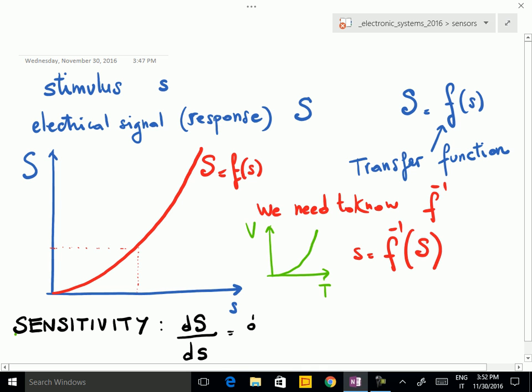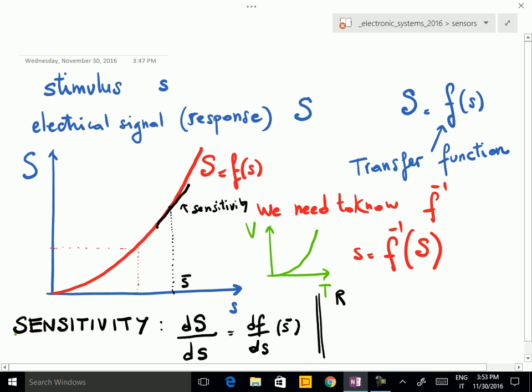So it is basically the derivative of the function f as a function of s computed for a specific value of the stimulus. So for example, if this is S line, the sensitivity is going to be this slope, the slope of the tangent. Okay.